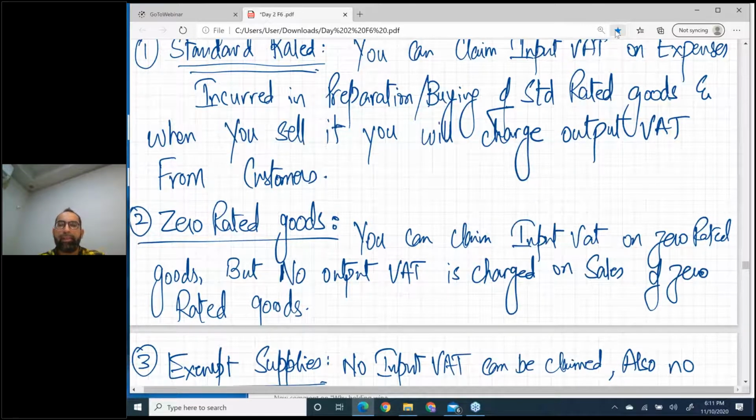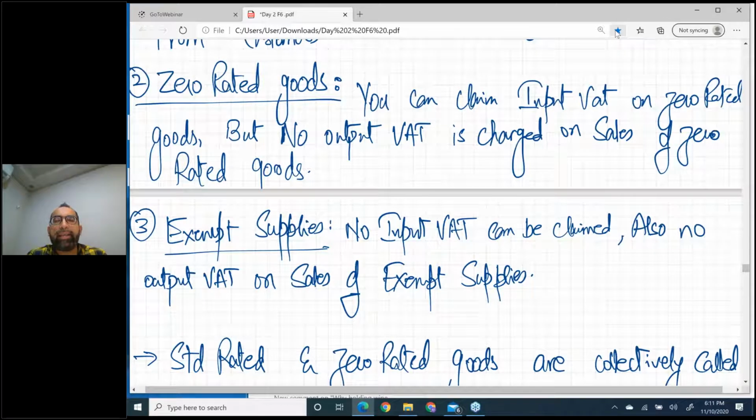The third type of supplies are called exempt supplies. What is exempt supplies? Listen. Let us say government made this pen exempt.